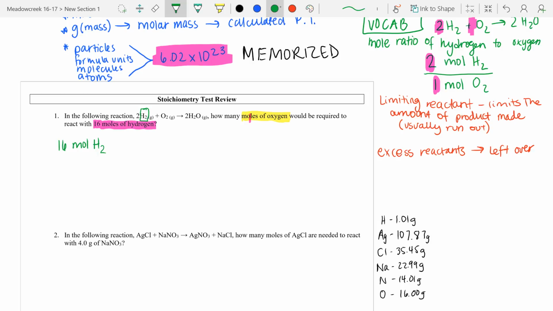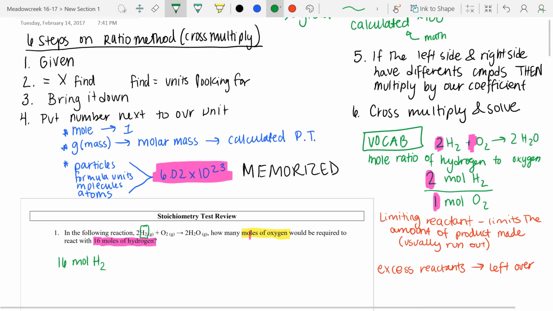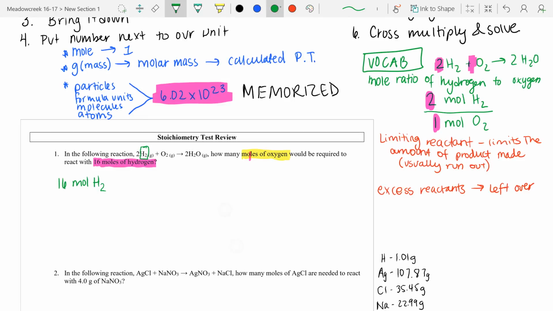In our second step, we set it equal to X, whatever we're trying to find. So equal to X, we're trying to find moles of oxygen, which is also O2, and we get that from our equation. That was step number 2.